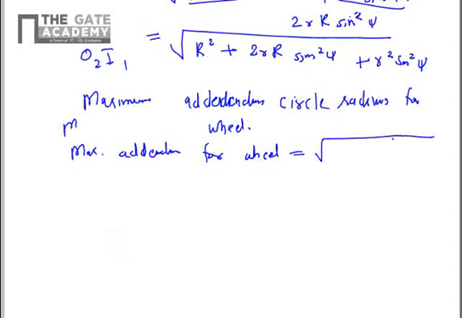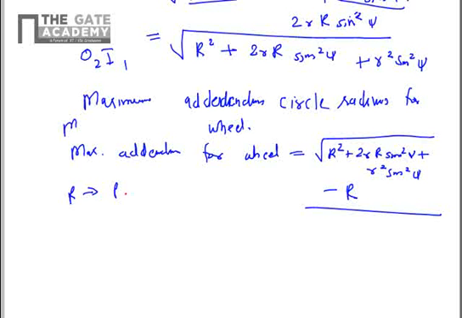So this quantity, the square root of R square plus 2 small r capital R sin square xi plus small r square sin square xi, minus R. Here capital R is the pitch circle radius of the wheel, small r is for the pinion, and xi is the pressure angle.